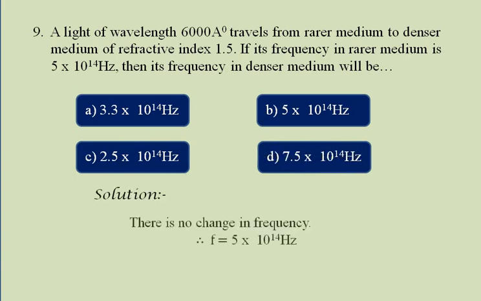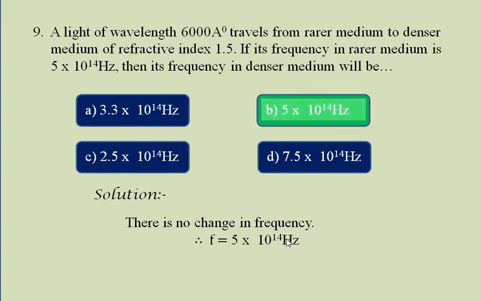There is no change in frequency when light travels from one medium to another, that is, frequency f is equal to 5 into 10 raised to 14 Hz. So option B is correct.